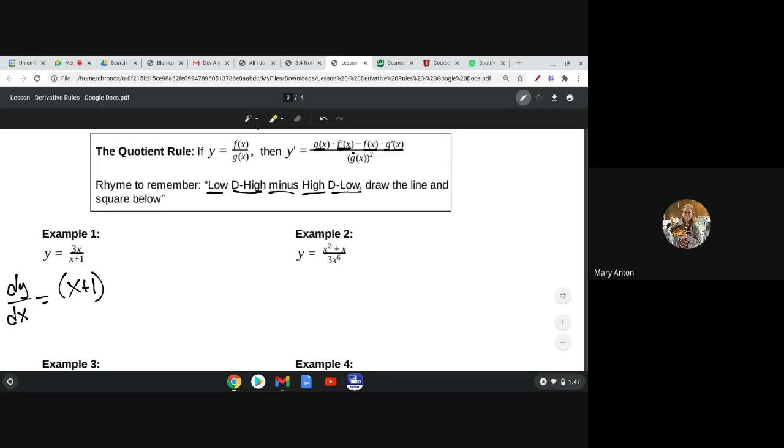D high, what's the derivative of the numerator? 3. Minus high, so what's our numerator function? Times d low, the denominator derivative. What's the derivative of x plus 1? That's just a 1. Then we draw the line and we square our denominator, which is x plus 1 squared.